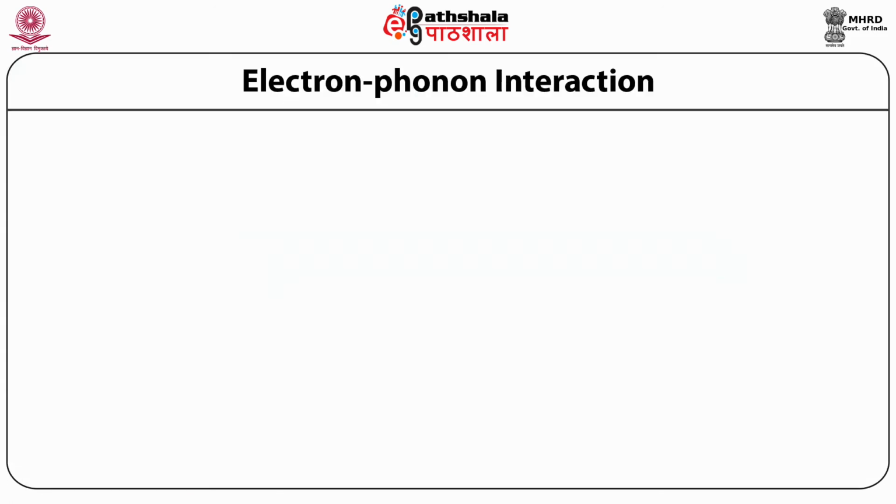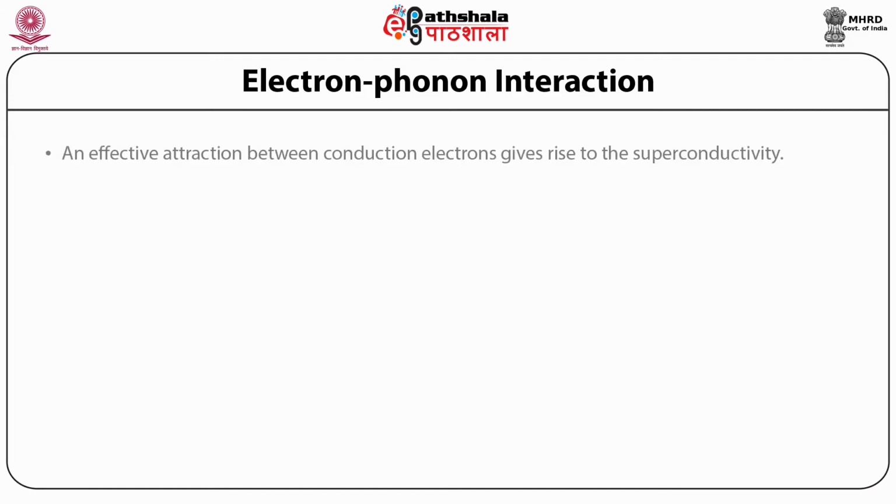Before describing the microscopic BCS theory, understanding some terms is important. The terms are as follows. First is the electron-phonon interaction, an effective attraction between conduction electrons that gives rise to superconductivity.